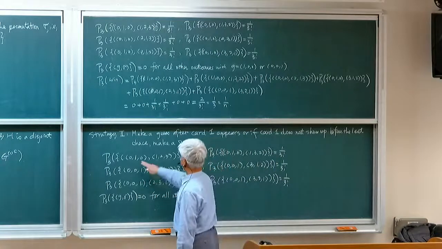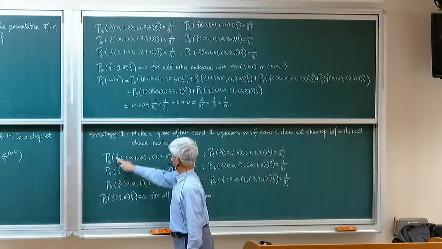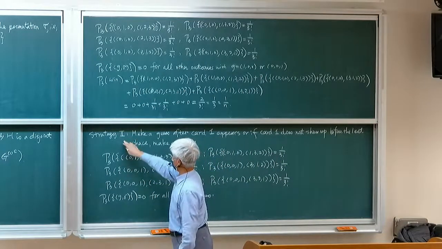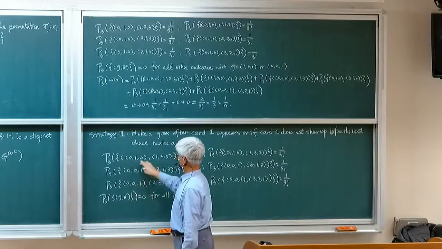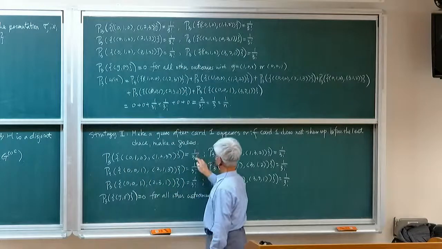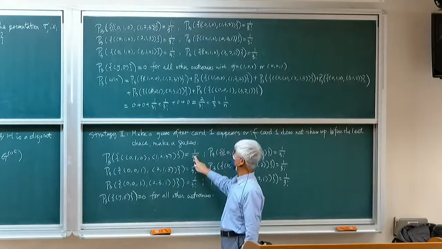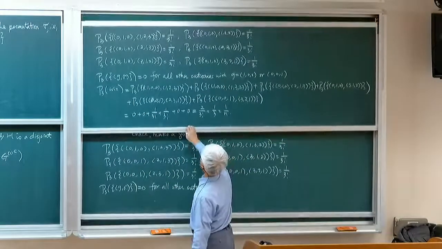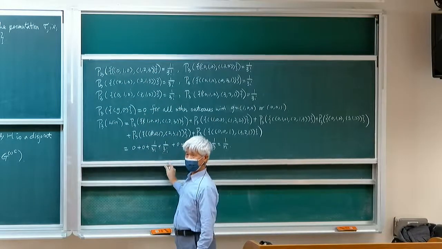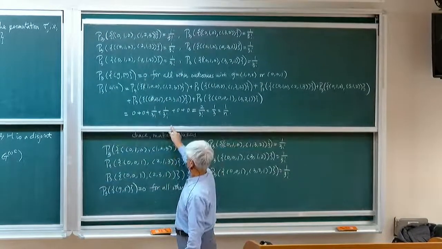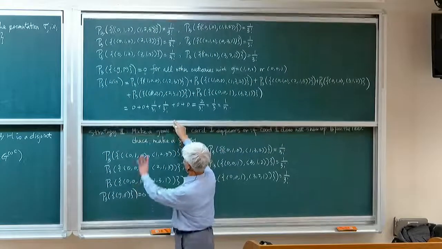For example, this atomic event for 3, 2, for this atomic event the probability is 1/6, but in here the probability is 0. Oh no, I'm sorry, not this one.